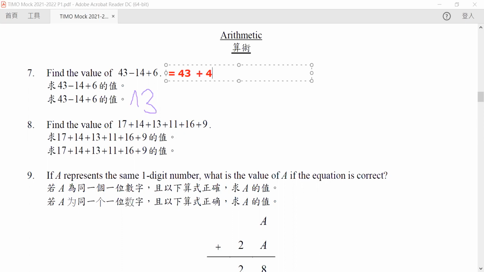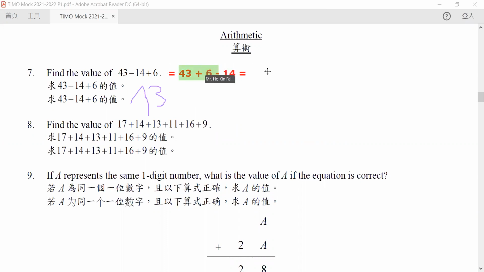So instead, we will try to add 6 first and then proceed to minus 14. Okay. So if that's the case, we now would like to add our first number together. We would like to add our first number here. Okay.